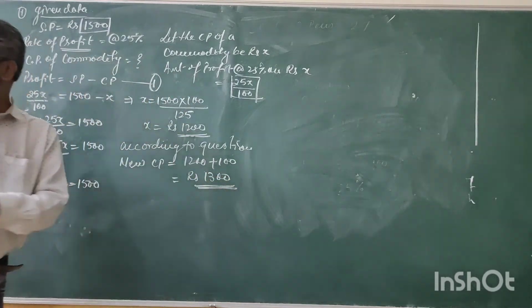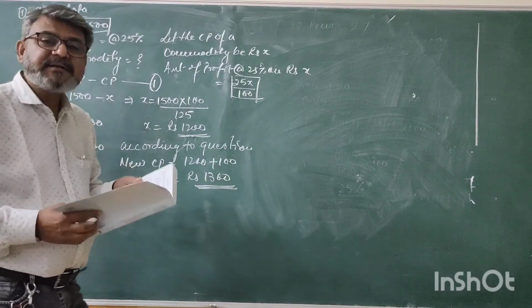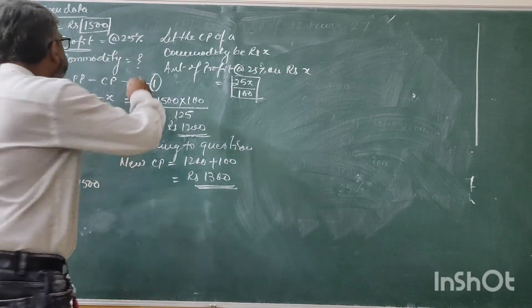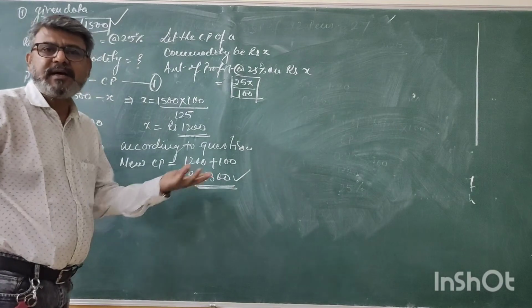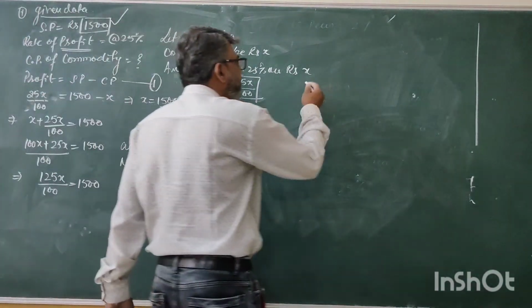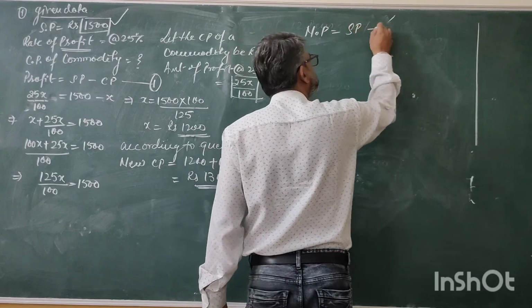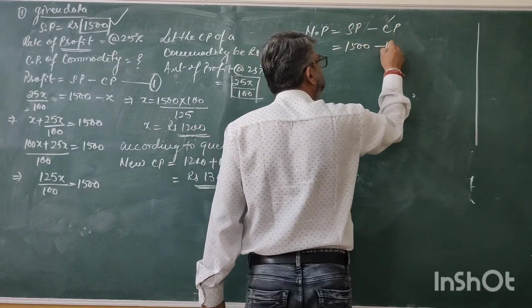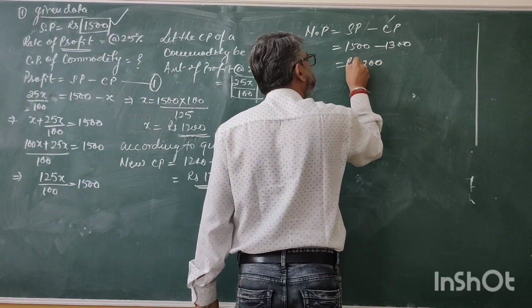Clear? And find the profit percent. If the selling price is there and new CP is there, find out the new profit. New profit is equal to SP minus CP. 1500 minus 1300 is equal to 200.